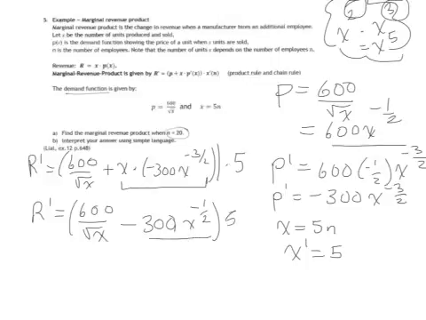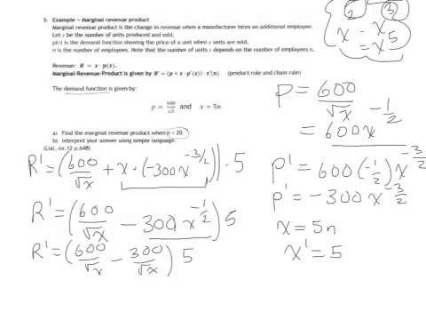So remember, we can write that as something over root x, in this case negative 300 over root x. So R prime is now going to be 600 over root x minus 300 over root x, and all of that times 5. So let's simplify in the bracket first.